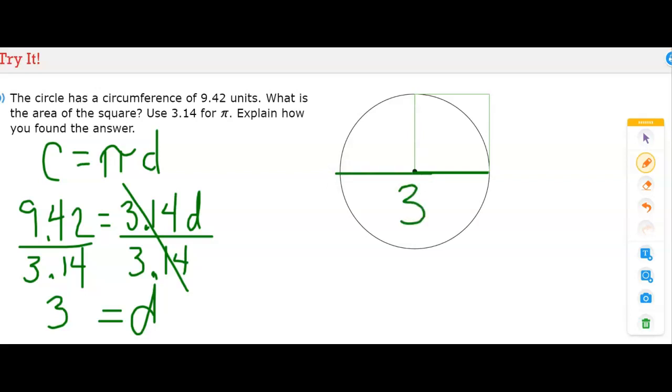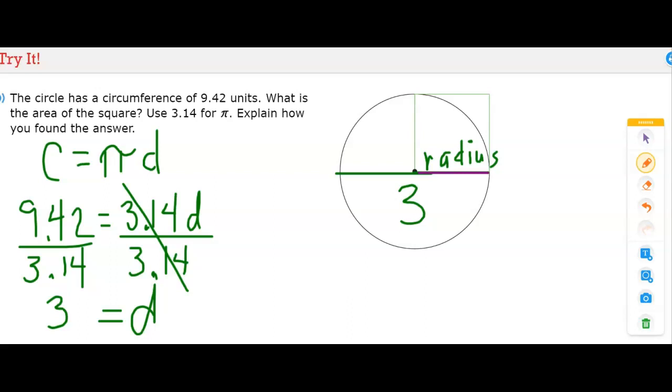However, we want to find the radius, because the radius is halfway. The diameter is all the way across. So we only want to know, let me just change the color for clarity, the purple is what we want to know. We just found the diameter, which is all the way across.